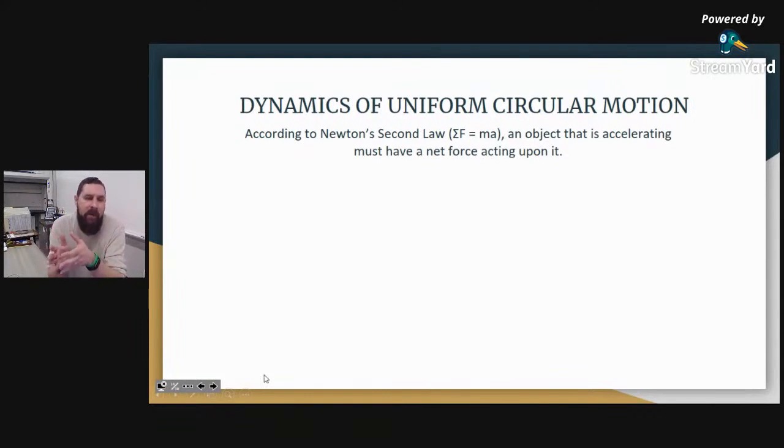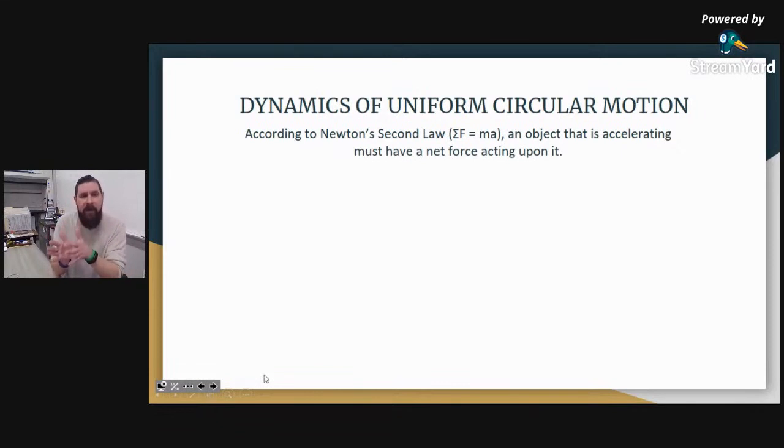And as we talked about in the previous video, when I have an object in circular motion, there is an acceleration towards the center of that circle. That is centripetal acceleration, the center-seeking acceleration. Based on kinematics, whatever direction the acceleration is facing, that is the same direction that the force is facing.